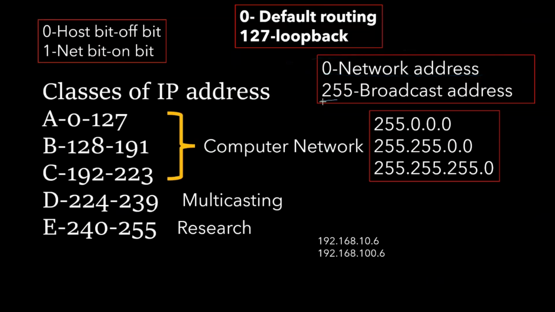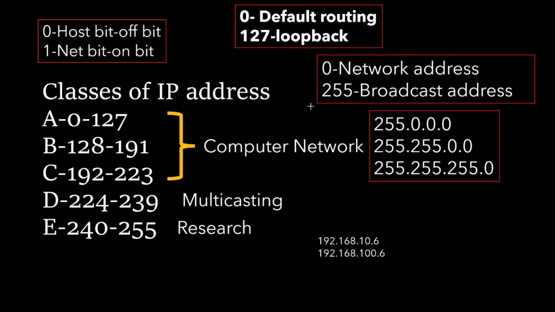Then 255, that also normally we don't use on a PC, because it is for broadcast. Any device which supports broadcast uses that address, like your switch. When a switch first broadcasts a hello packet to every PC, it uses 255 in the last octet of your network.